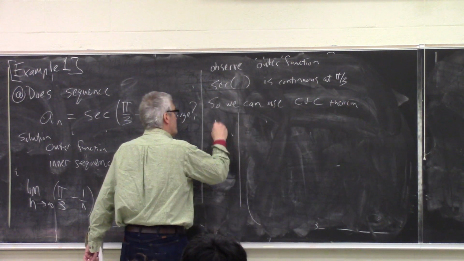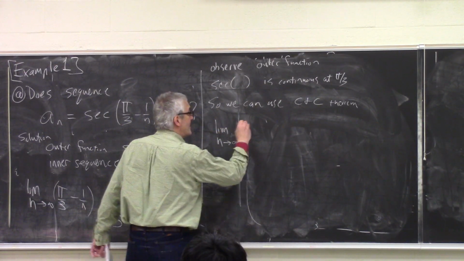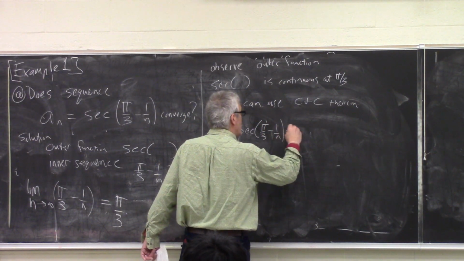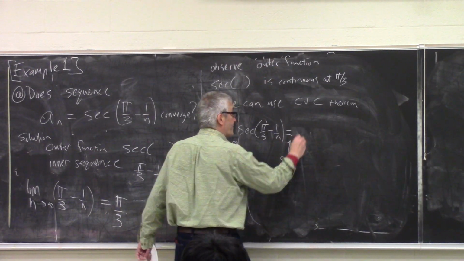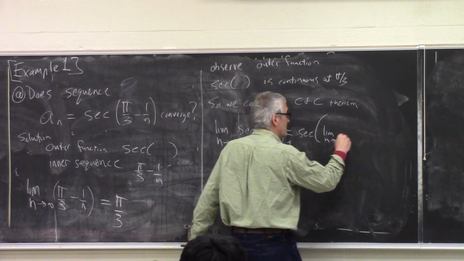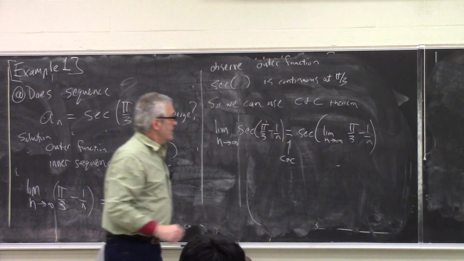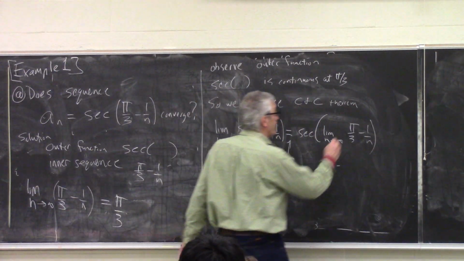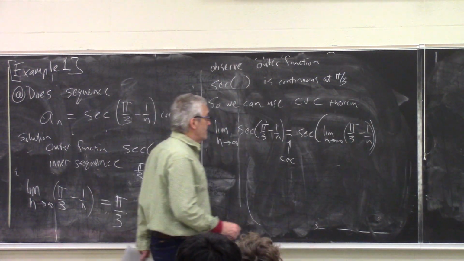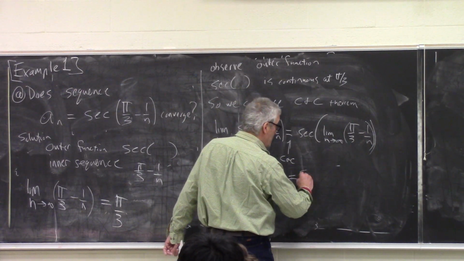So that is the limit as n goes to infinity of secant of pi over 3 minus 1 over n equals, by the C and C theorem, I can bring the limit inside. It's a big thing in math, the idea of when you have some function and you have some limit on the outside, when can you bring the limit on the inside? And so we know that that thing in the middle is actually the number pi over 3.